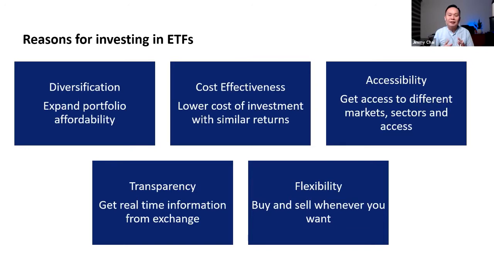And that means that you can actually expand the ETF investment into various things, whether you are investing by countries or whether you want to invest by sectors, in other words, the different industries, or you want to invest in different asset classes, whether it is going to be equity, going to be REITs, or going to be commodities, or going to be bonds. All these can be ETF in the basket, right?